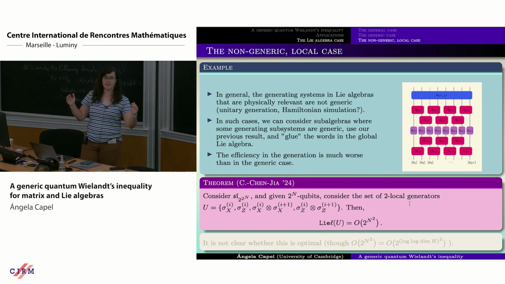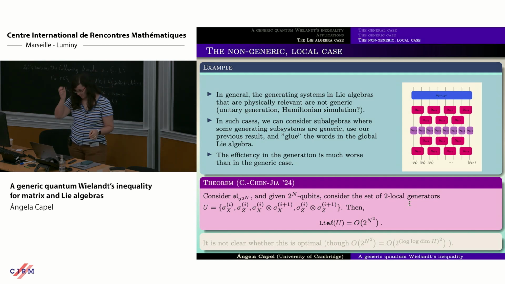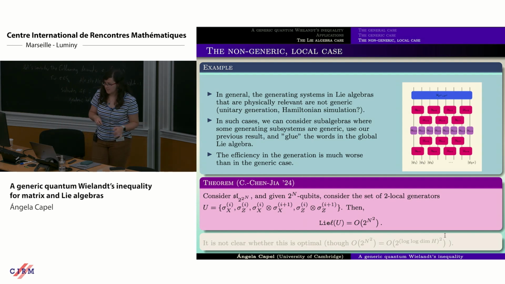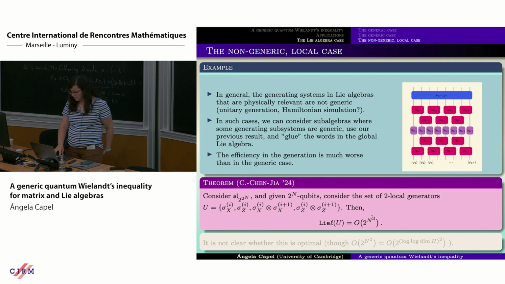And then if we take this as a generating set, what we do now is study each of these U's for each pair of consecutive qubits. And then for each of them, we apply the results that we showed before. And now we merge them carefully, because it's not trivial how to merge them without creating any problem. But now, merging them carefully, what we obtain is that actually the Lie length of this generating set everywhere is of order 2 to the capital N squared.